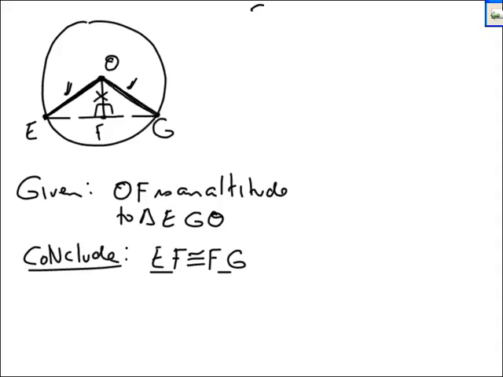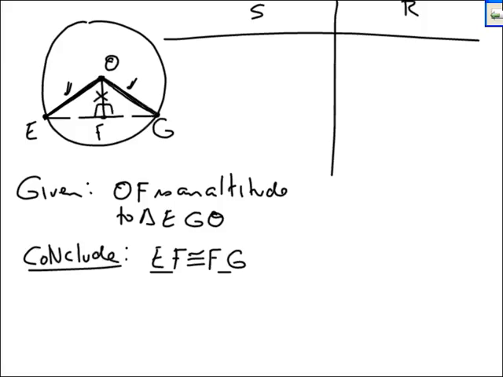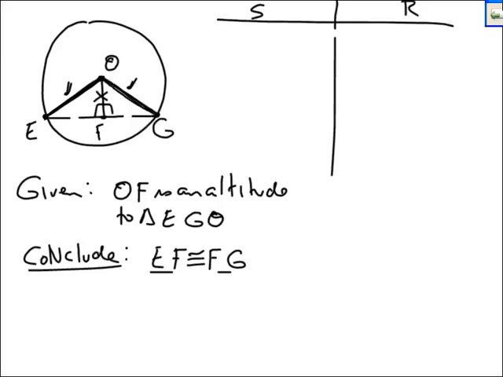So let's write this up. Statement, reasons. Try not to run out of space. One is the given, and number two.